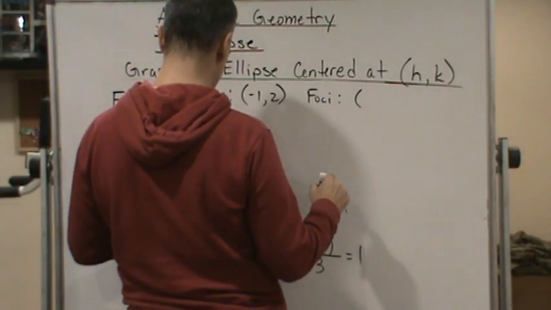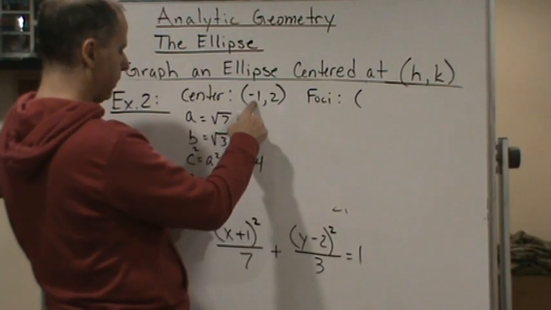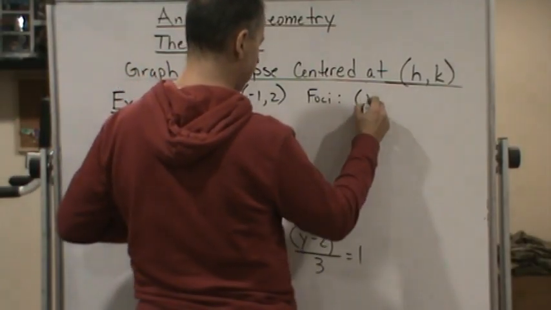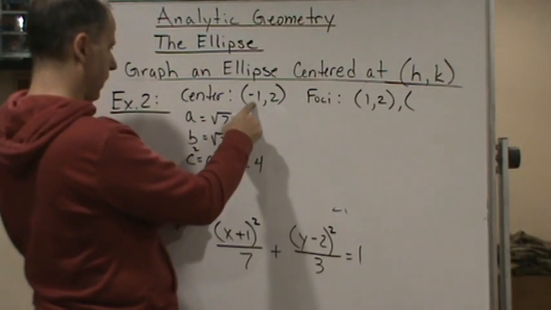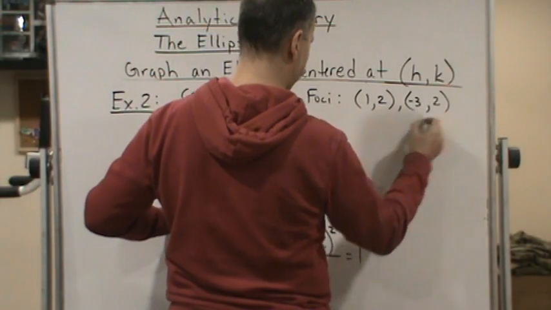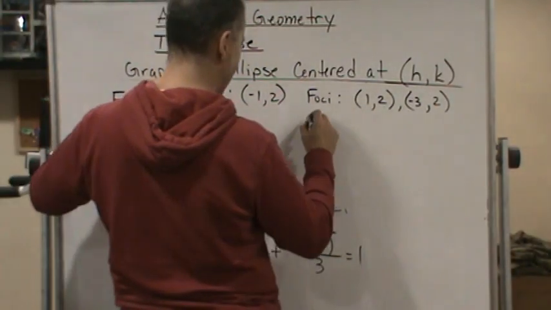So that means this is going to be negative 1 plus and minus 2. So negative 1 plus 2 is 1. So it's going to be 1, comma 2. And the other one is going to be negative 3, comma 2.